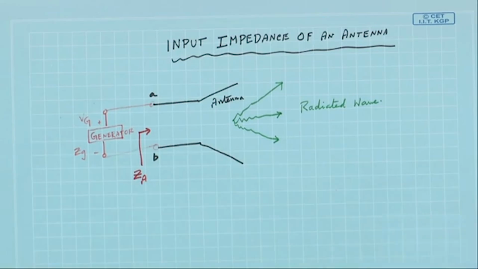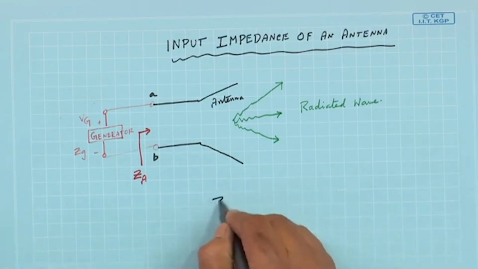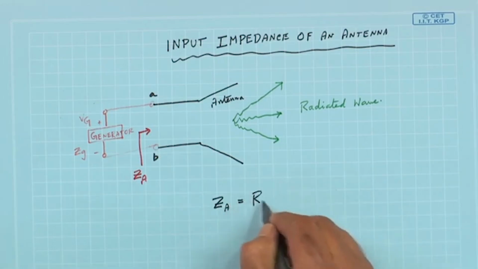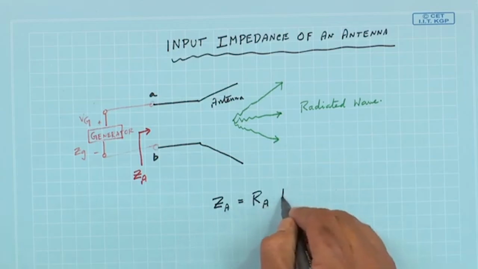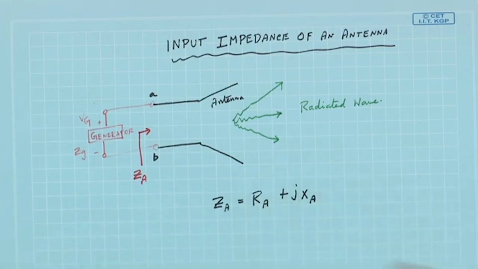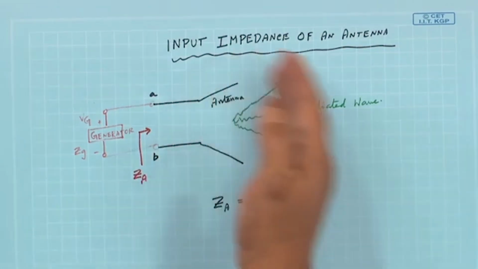Now, we can write the antenna input impedance ZA as a real part and an imaginary part. Why imaginary? We have discussed because there will be some reactive field near the antenna.